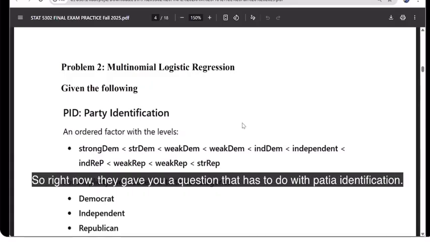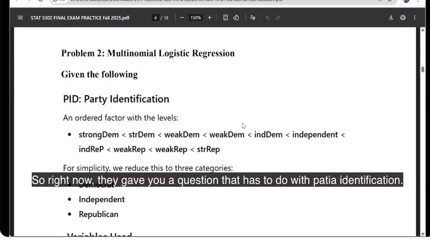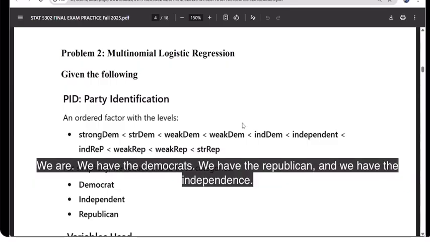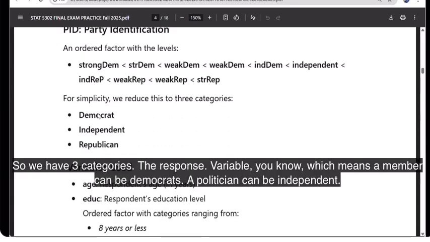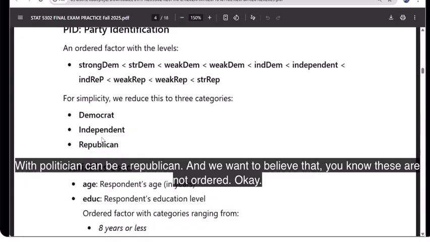Right now, they gave you a question that has to do with party identification, where we have the Democrat, the Republican, and the Independent. So we have three categories for the response variable. A politician can be a Democrat, Independent, or Republican, and we want to believe these are not ordered.